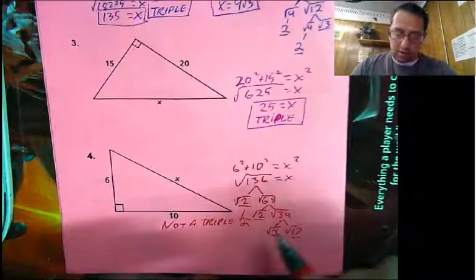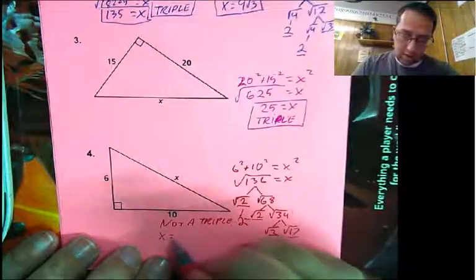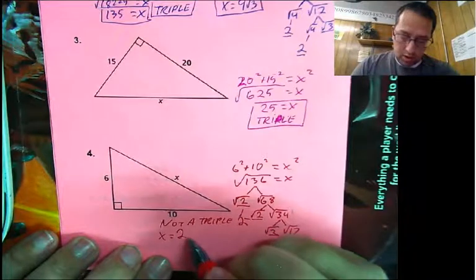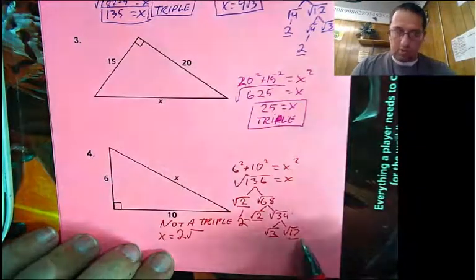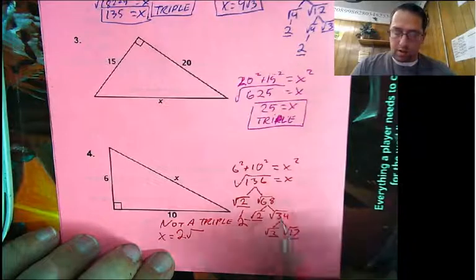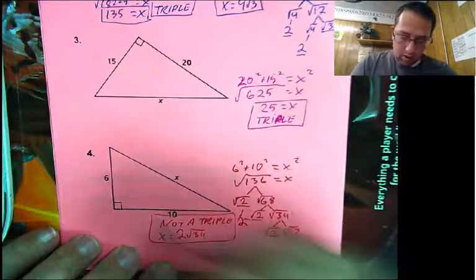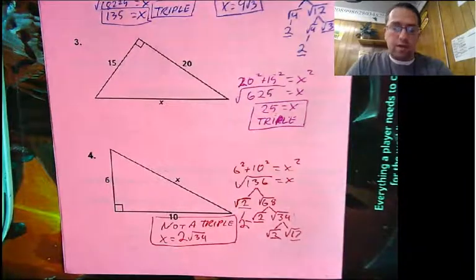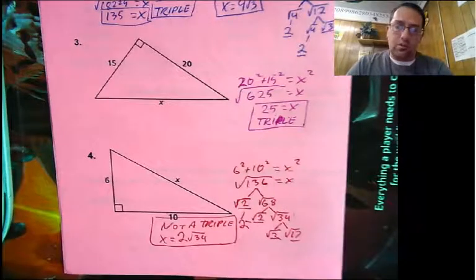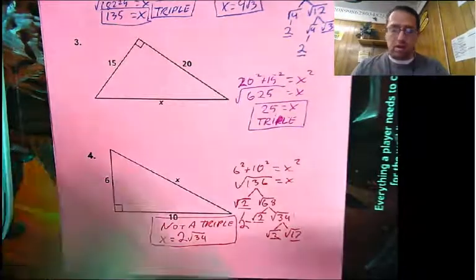And then we have these 2 left over. So we have x equals 2 times the square root of 2 times 17, which is 34. So it is not a triple because x is 2 times the square root of 34, which is not a whole number. It's irrational. It goes on forever, and it's hideous.